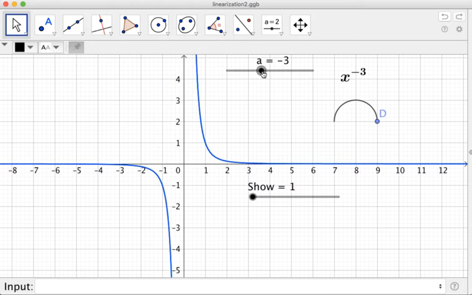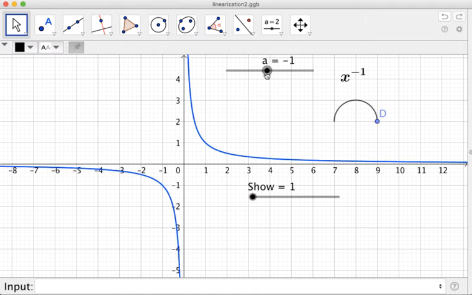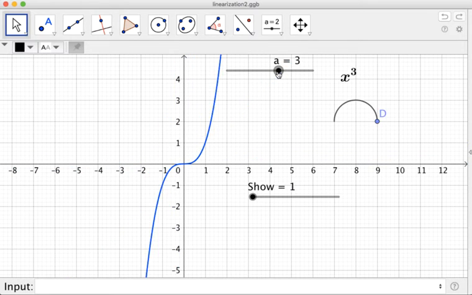And that'll be true for all of these where our exponent is negative. Okay, so you should have a general sense of what x to the -1 looks like, x to the -2, and then you should be able to surmise what it looks like as the exponent goes up to -3, -4, etc. And then the same on the positive side.